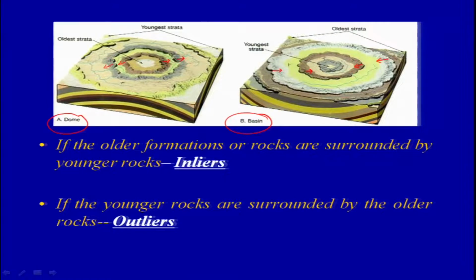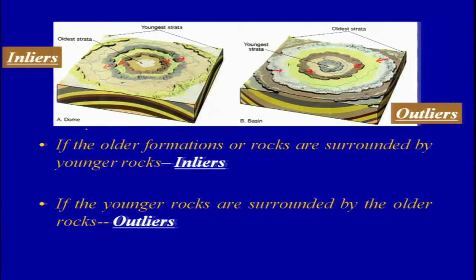So you have younger rock in the center and then older rocks at the periphery. So that is termed as outliers. So this is another term which you may come across in the literature and which can be associated with the basins and domes in the region. So this is an inlier, this is your outlier.